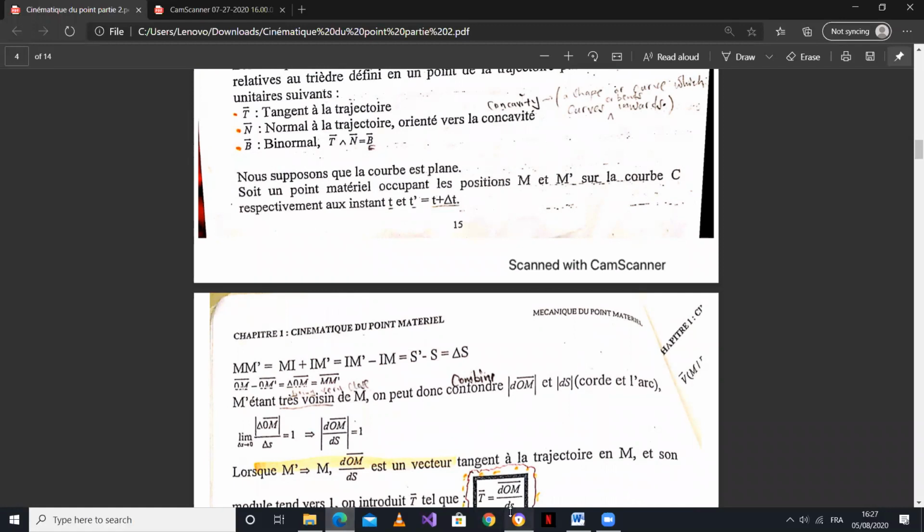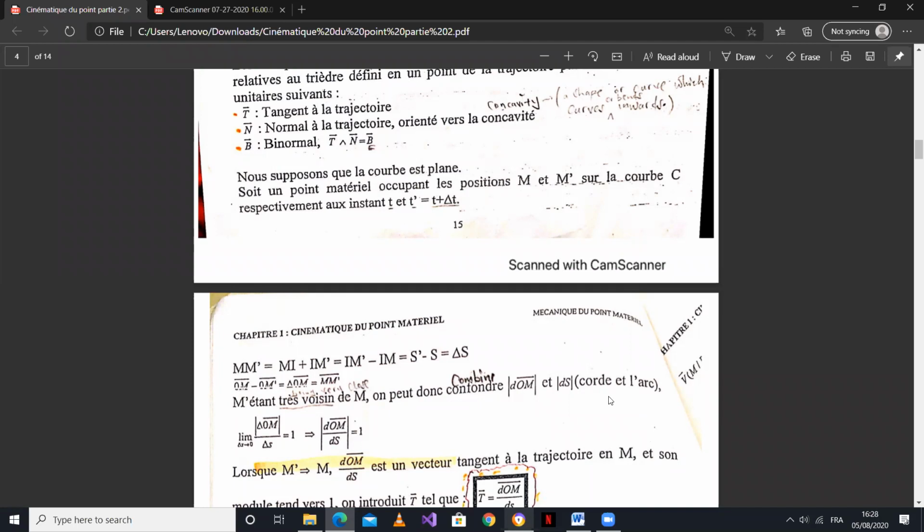So what they're telling us is on peut donc confondre. When we say on peut les confondre, it's like we can confuse them, or we can take them as equals. In place of one, we can use the other. They are equal, so to say, in some sense.